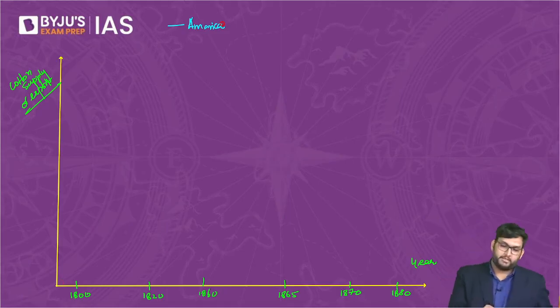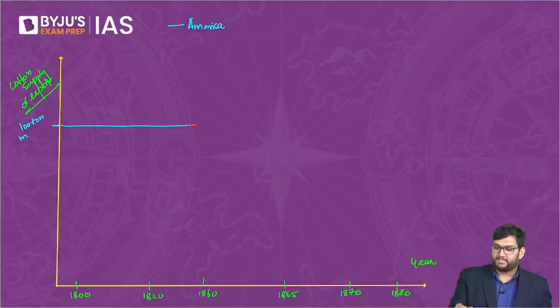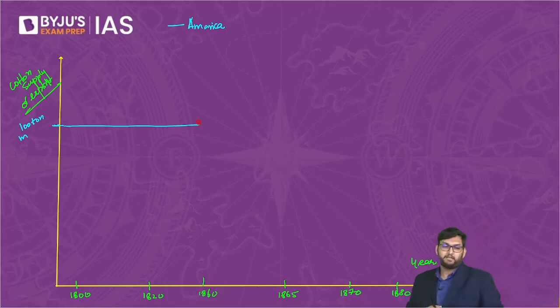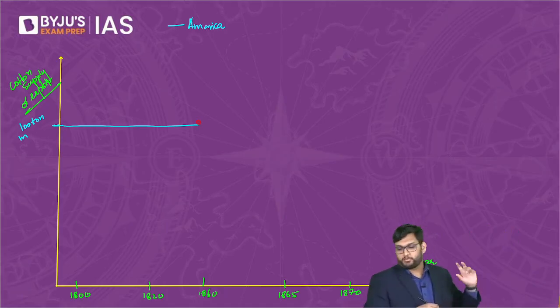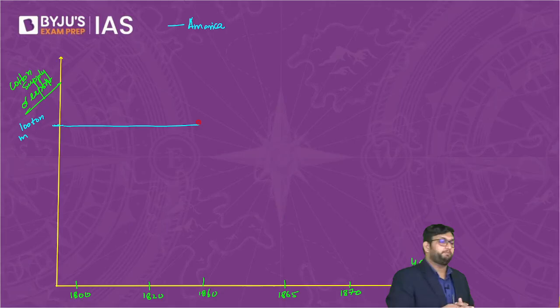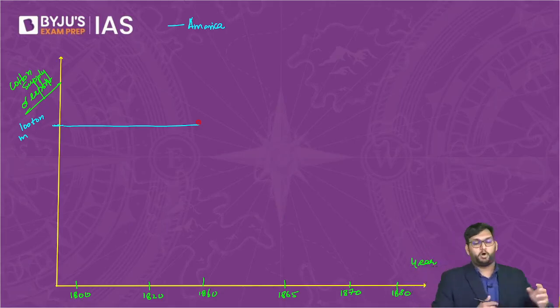So the highest tonnage, for example, 100 million tons, the Americans had a very big market share vis-a-vis their export of cotton. One of the best cotton in the world, long staple cotton, used for the industrial revolution quite a lot.